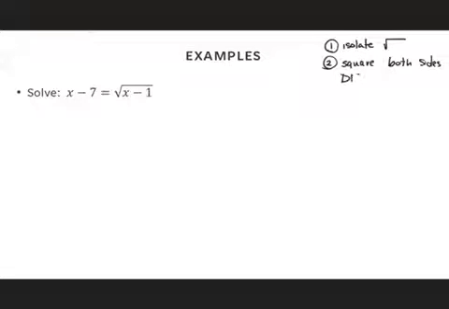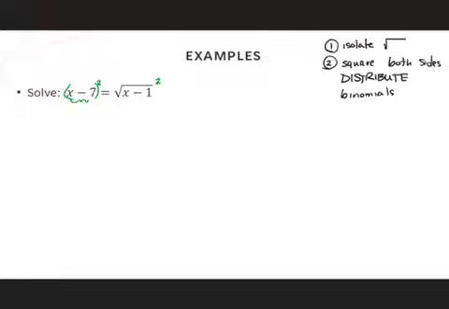Make sure here that you distribute a binomial. And I will show you what I mean. When I square both sides here, the left side is x minus 7 squared. This is a binomial. It means I have two things and I'm adding or subtracting them.